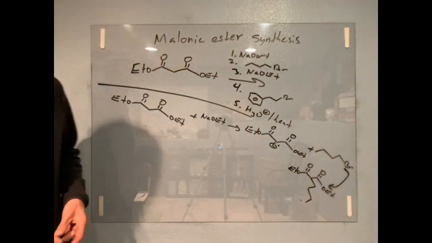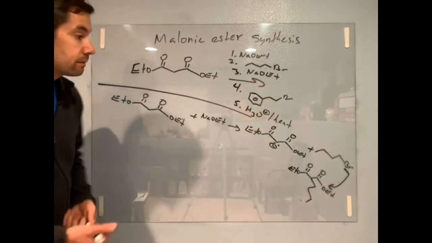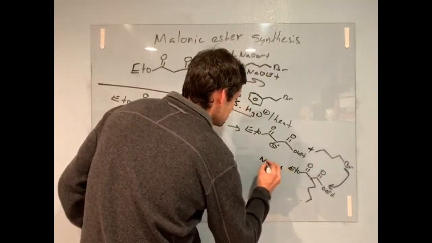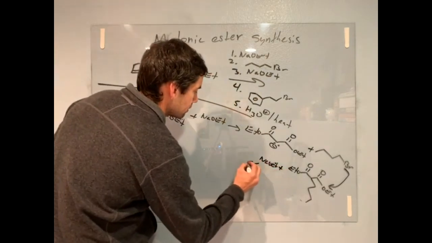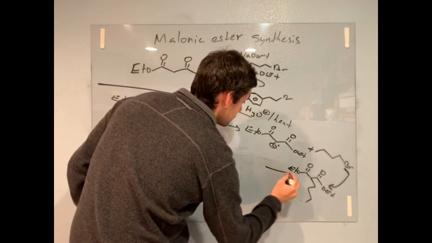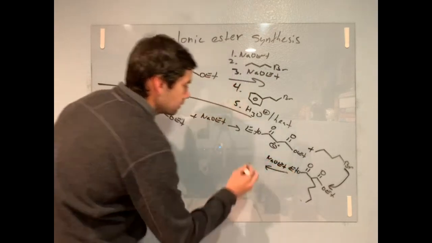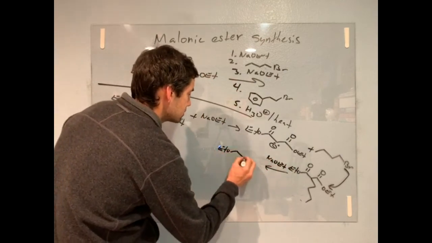Now this is the interesting part, right? Let's go ahead and treat it with base again. Do our base step again. Add in our base. And what are we going to get? We'll draw it like this. And then we're going to get in our EtO.